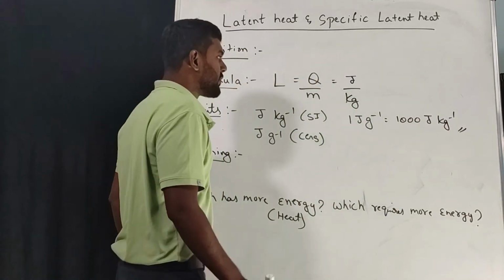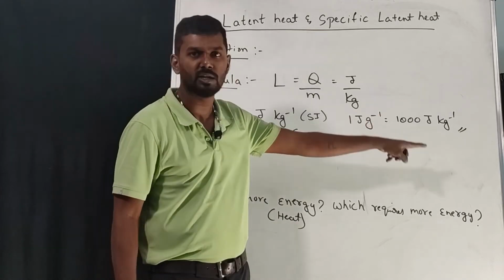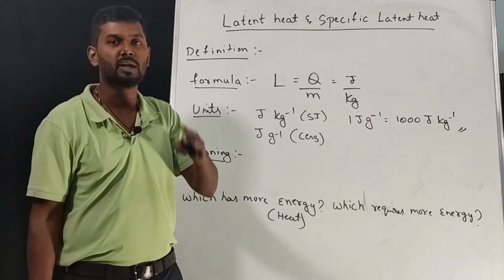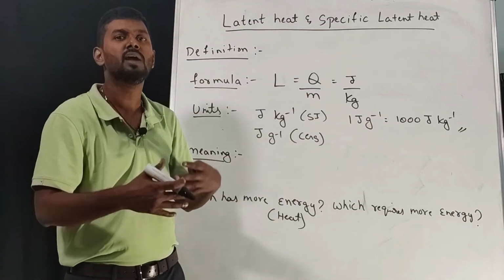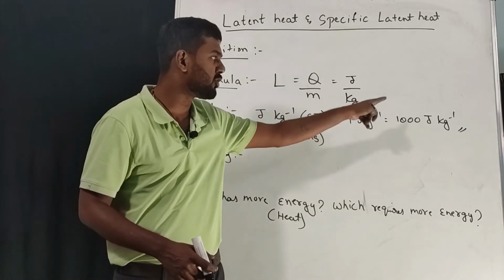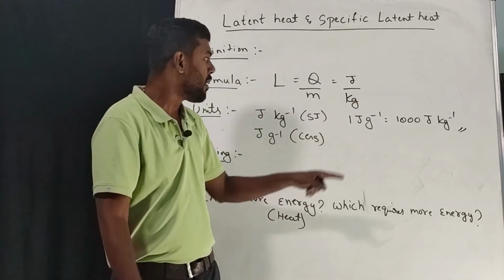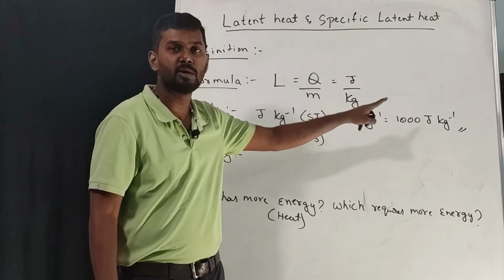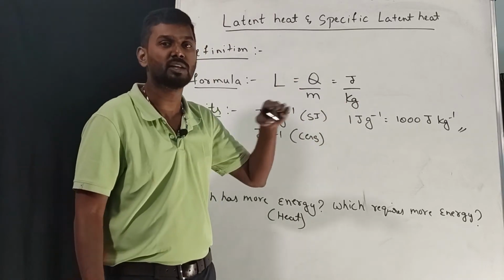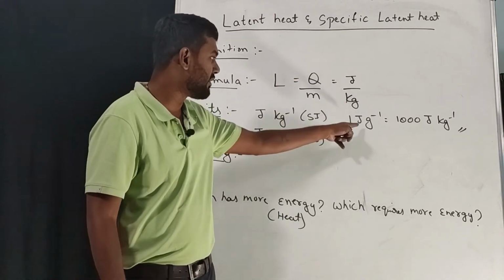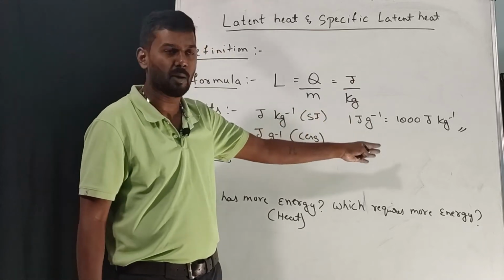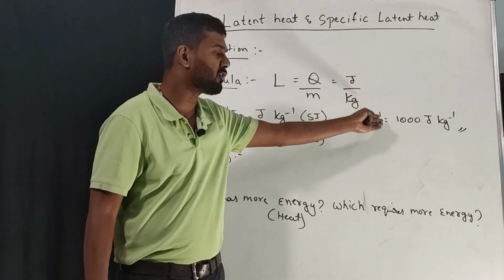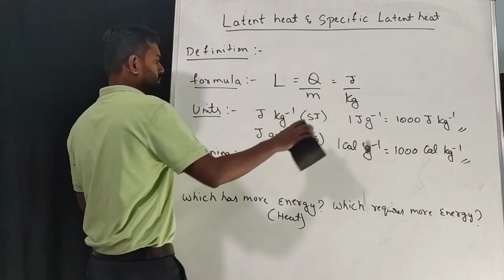Keep this in mind. When you convert gram to kg, you have to divide it by 1000 normally, correct? Whenever we want to convert from gram to kg, we have to divide it by 1000. But gram and kg both are in the denominator, not in the numerator. That is why whenever you convert joules per gram to joules per kg, you have to multiply by 1000.